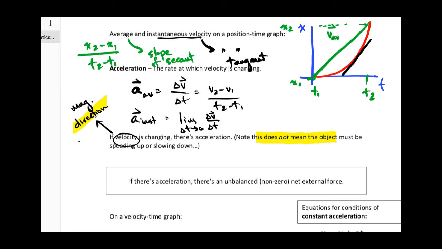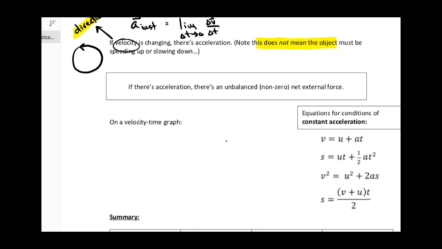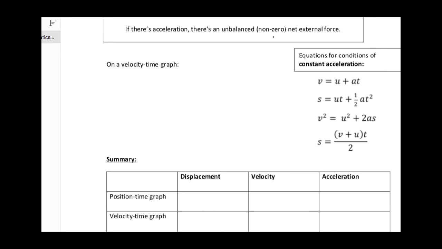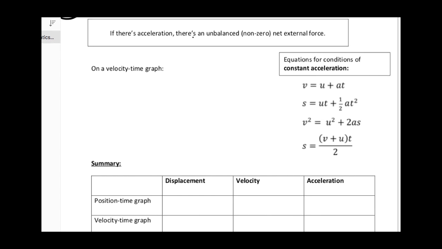And the example that we looked at was circular motion. Even if you're moving in a circle at constant speed, you're changing direction, so your velocity is changing, so you're accelerating. As we'll review later in the course, if there's acceleration, there's an unbalanced, non-zero net external force. That's kind of Newton's first and second laws.